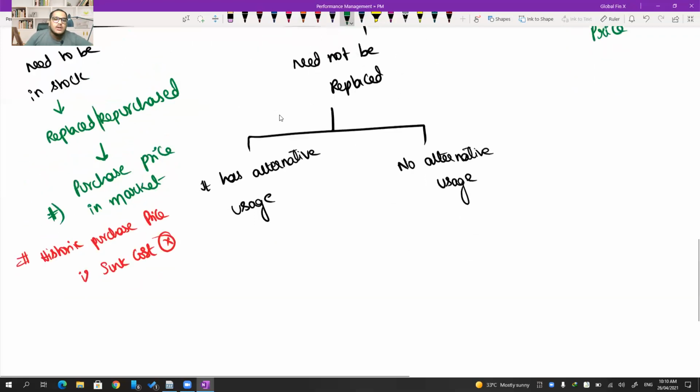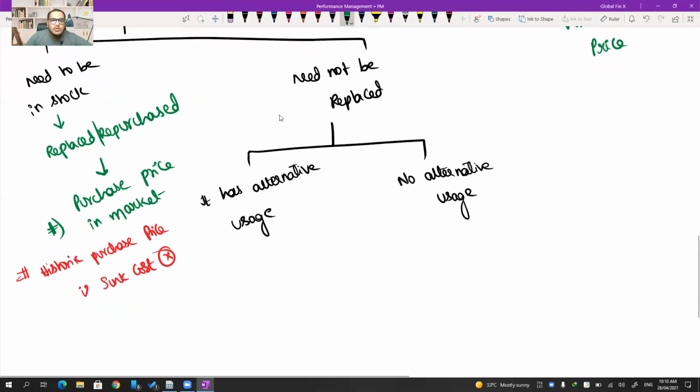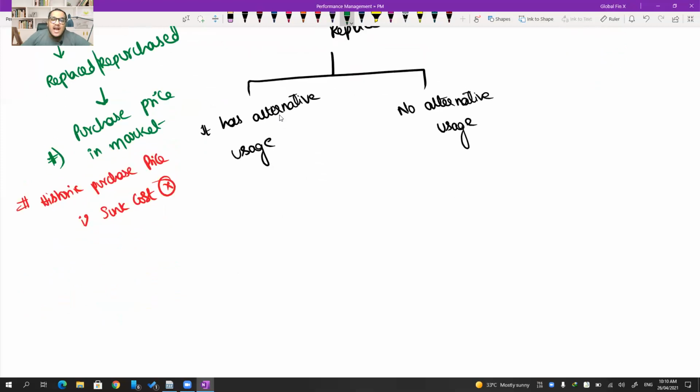Next one, sir, you already have the stock with you and you need to use that stock in the current project, and that stock need not be replaced. That means you don't have any recurring utility for that material. If it has an alternative usage, opportunity cost will be the relevant cost. Means I have some material which can be used in some other project.